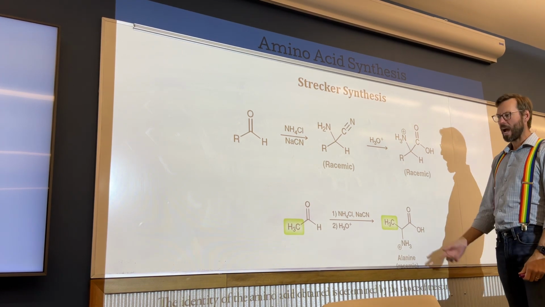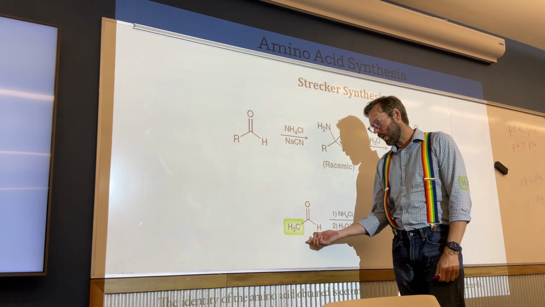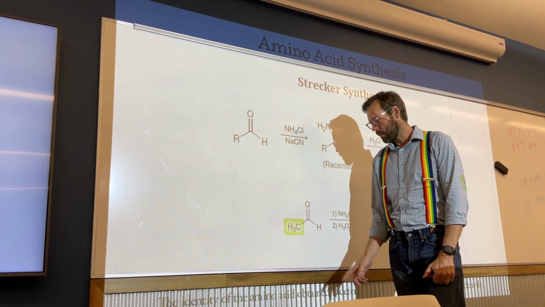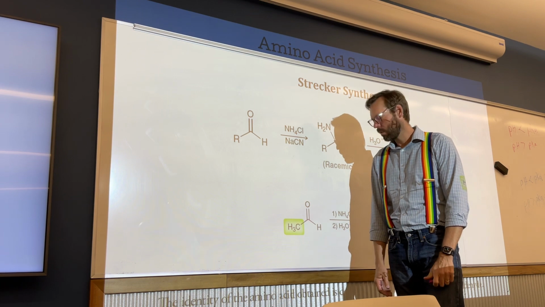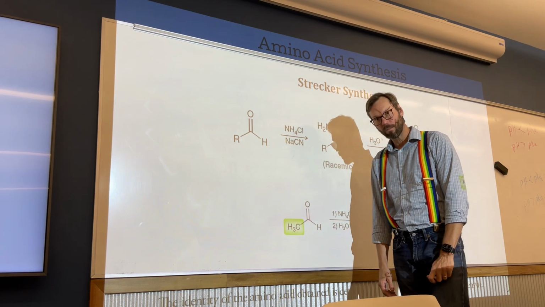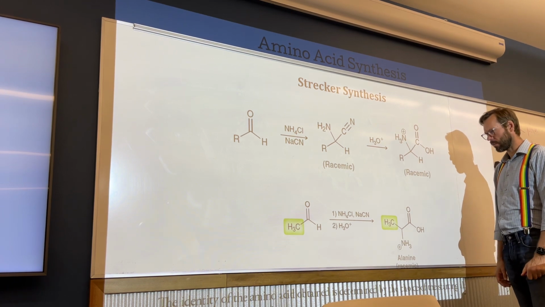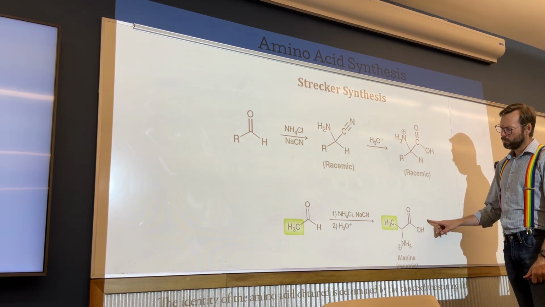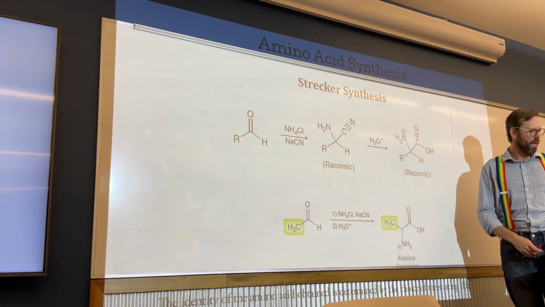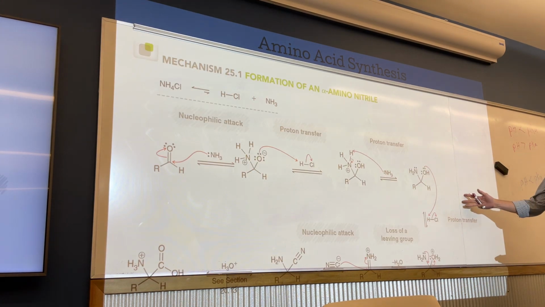All right, so if we're going to make alanine, we would pick an aldehyde that has a methyl group on it. Or is that formaldehyde? No, it's acetaldehyde, right? And go through that process. And here's the mechanism.